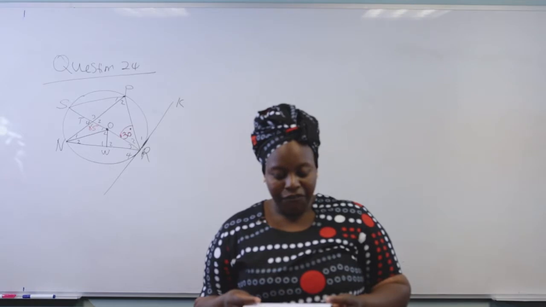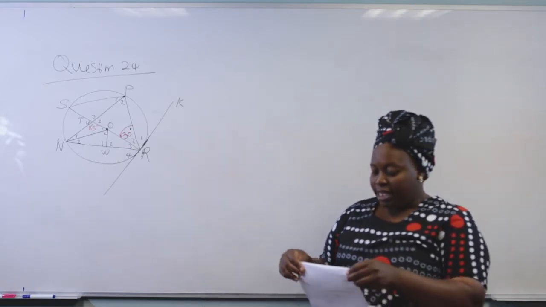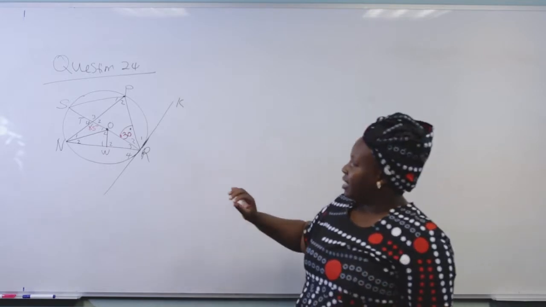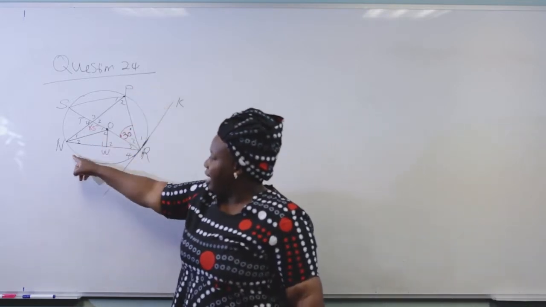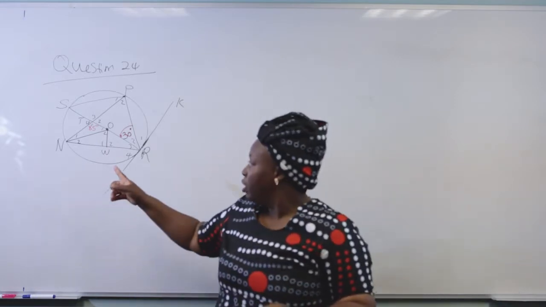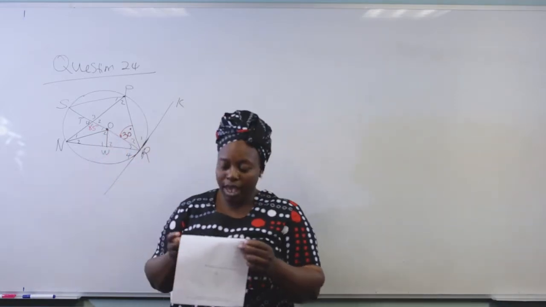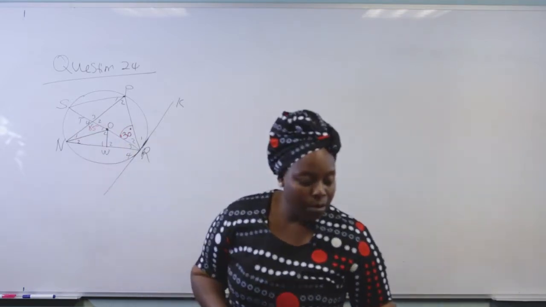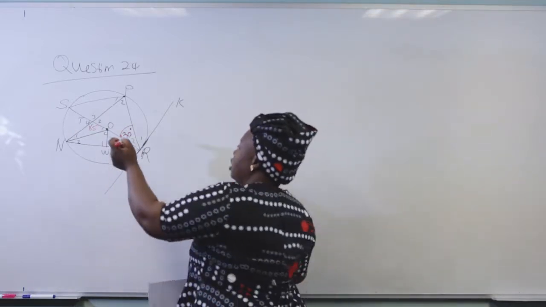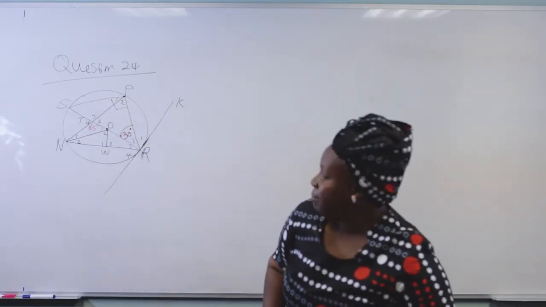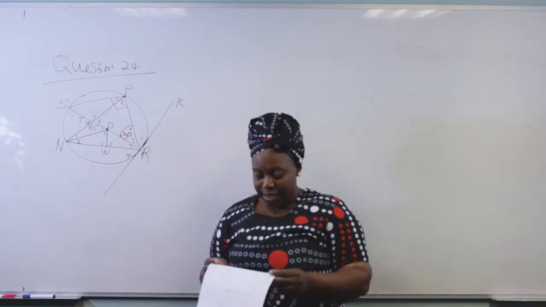They said the vertices of triangle P and R are on the circumference of the circle with the center O. This is our center. Okay. Diameter SR, that's our diameter. Remember I said the moment you read diameter, you must go on and put 90 degrees so that you can remember that the diameter subtends the angle 90.